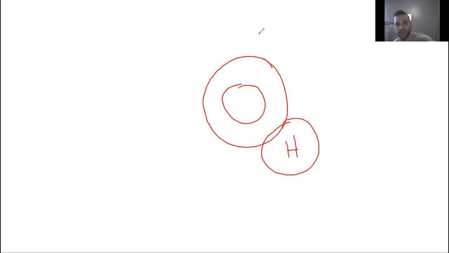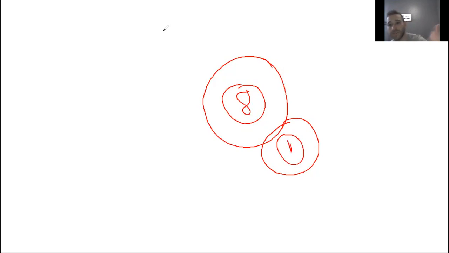So in the nucleus of the oxygen atom, there are 8 protons inside of an oxygen atom, and inside of the hydrogen atom there's 1.